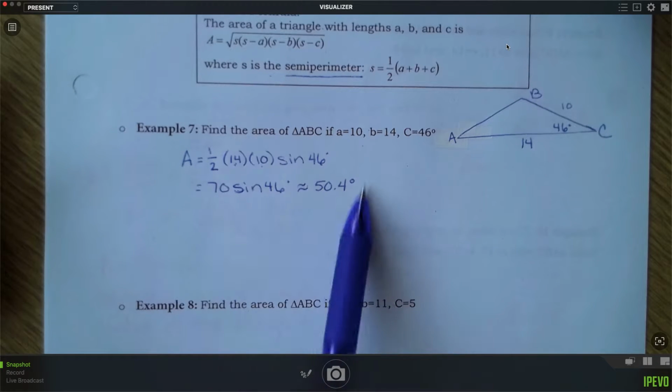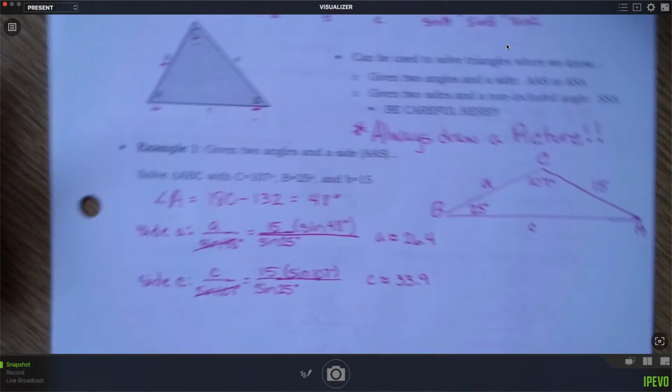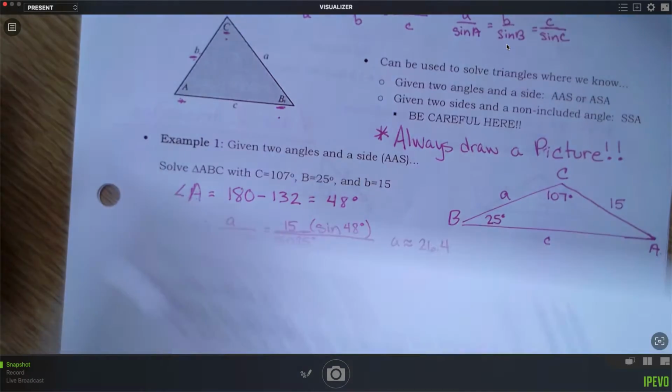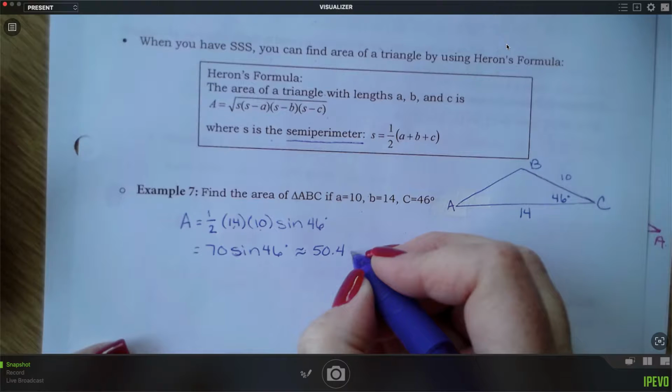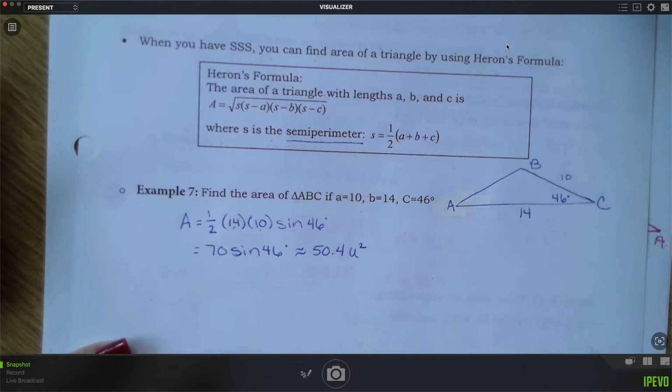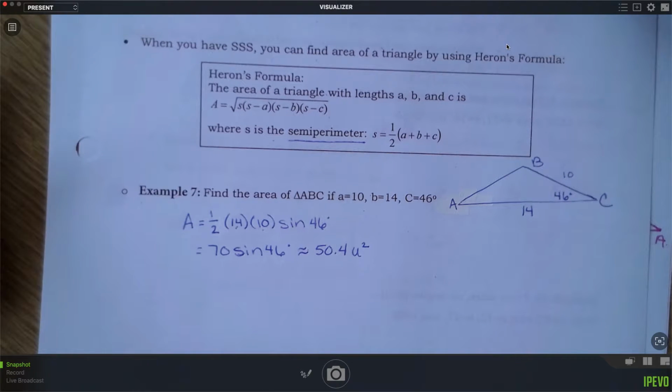Okay, so are we good? Go back to your notes from yesterday. When you label areas, you do not label degrees. There are no units, but I have to put units, so just put units squared. It's not degrees, it's area.